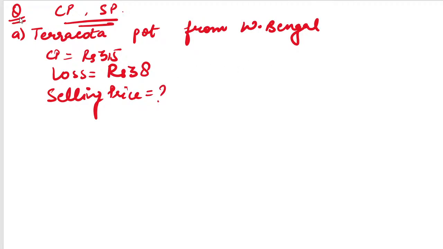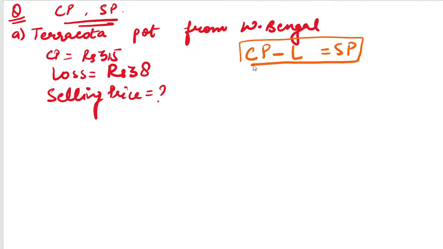Since we know that CP is given and we have a loss, SP is equal to CP minus loss. Okay, so this is the formula, so you should know about that. If there is a loss and CP is given, then CP minus loss, and we have to find out the SP. So SP equals CP minus loss.